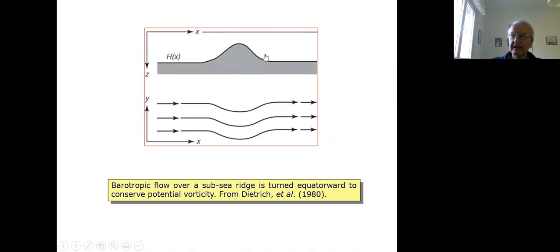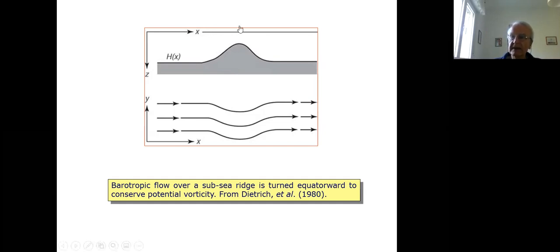That when the particle arrives at the subsea ridge, this is a ridge, if it's not forced, if it's going by inertia, as an inertial motion, it will not go across the ridge. It will move in such a way that it will turn equatorward to conserve the potential vorticity.